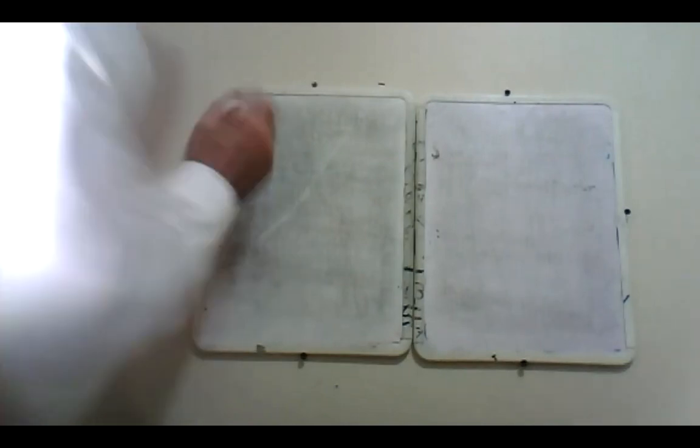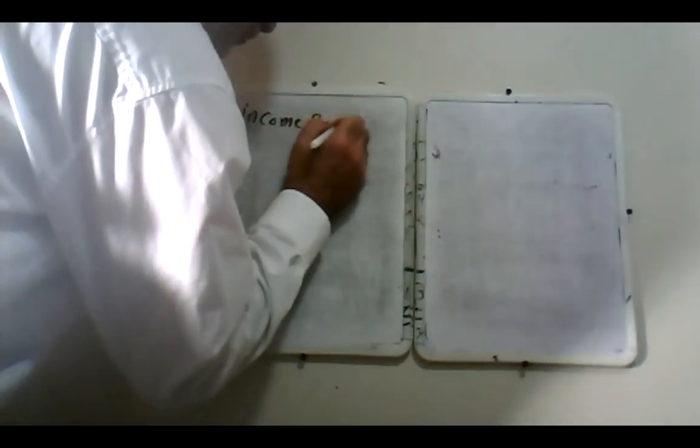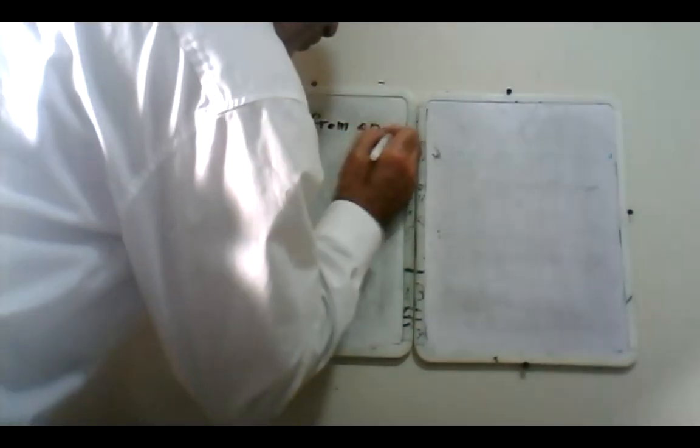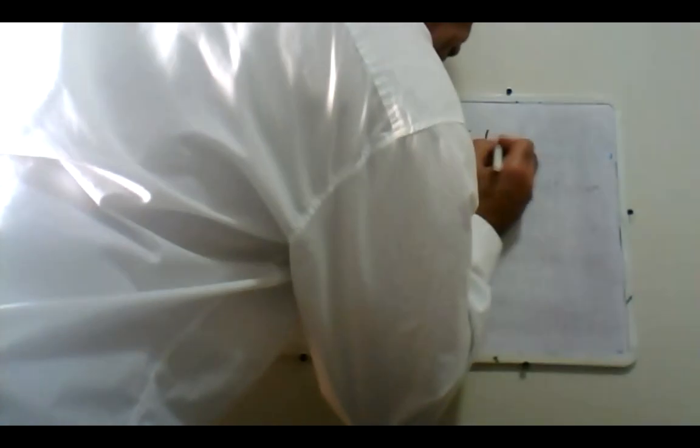Income from operation will equal sales, those are total sales, minus total fixed costs plus variable costs. Those are all totals as well.